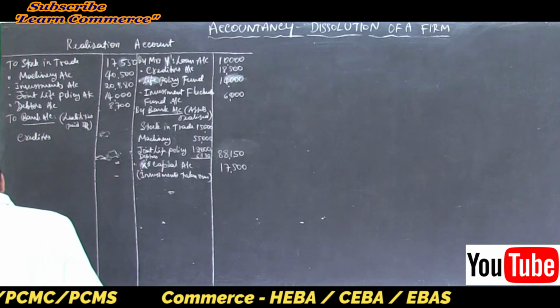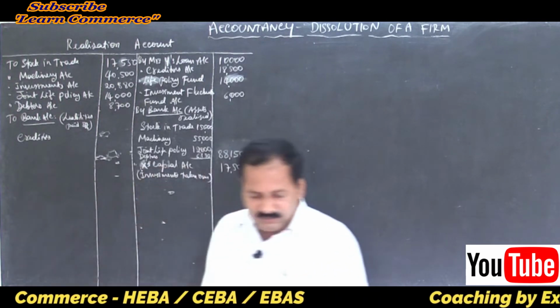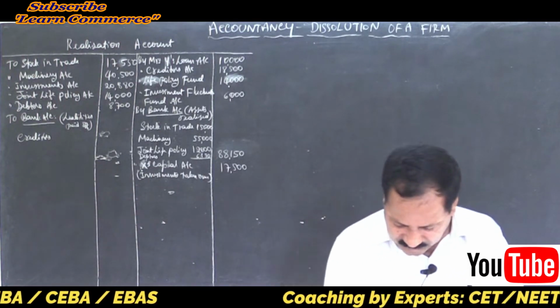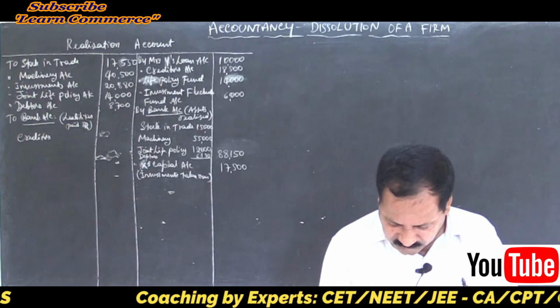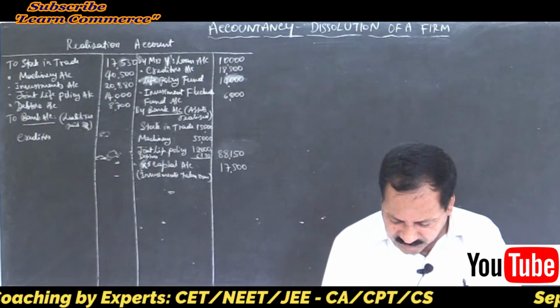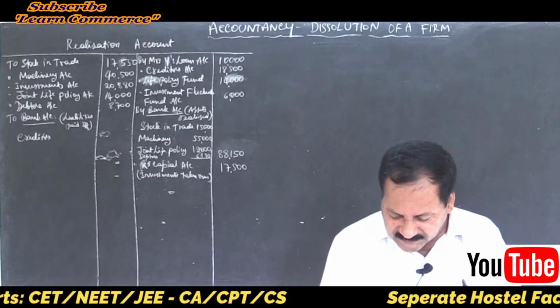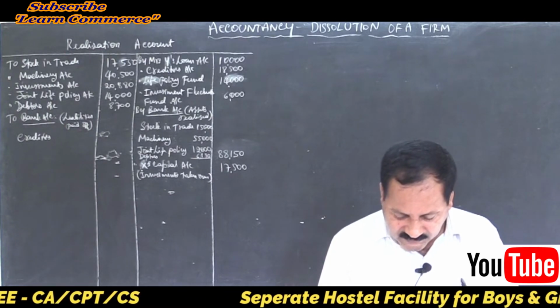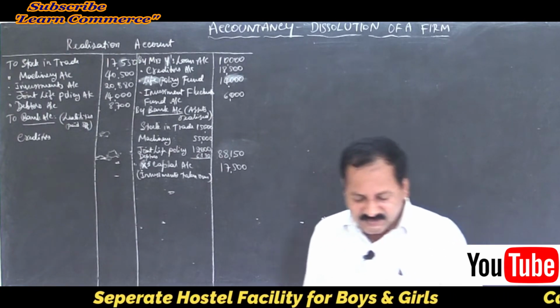Creditors, how much? 18,500. Investment not recorded in the books worth rupees 3,000, right? So 18,500 minus 3,000.